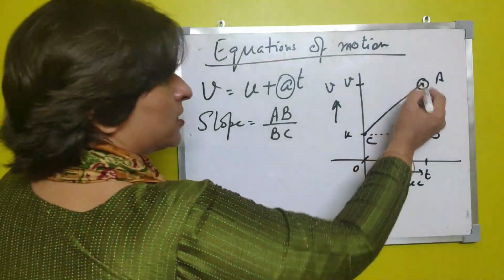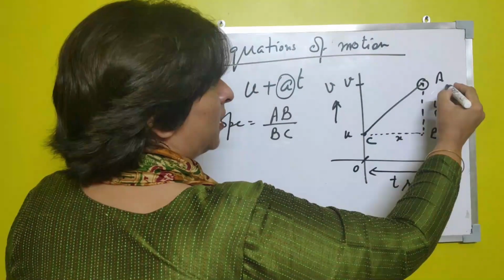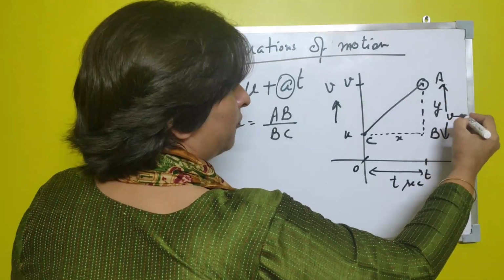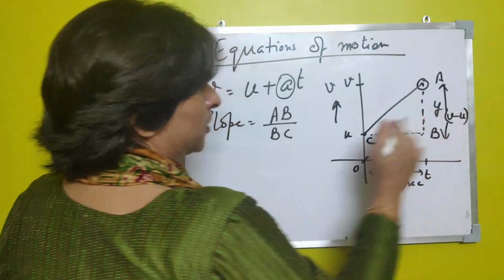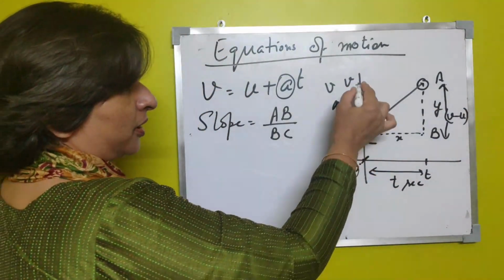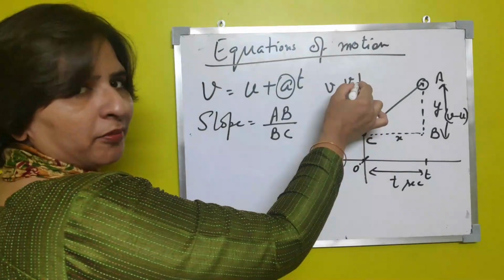What is AB? This AB length can be v minus u. This total length is v and this length is u. So the remaining is v minus u.